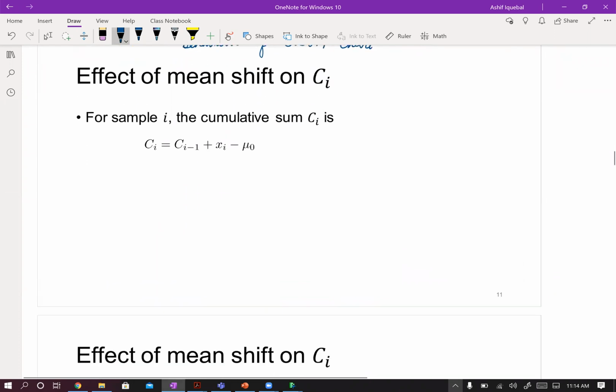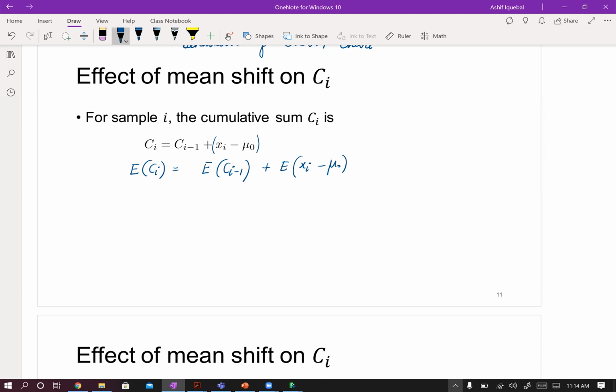So we have this general expression, Ci equals Ci minus 1 plus (Xi minus mu naught). Actually, put this in brackets so it will make more sense. Now, if we have this, we can always write down the expected value of Ci equals the expected value of Ci minus 1 plus the expected value of Xi minus mu naught.